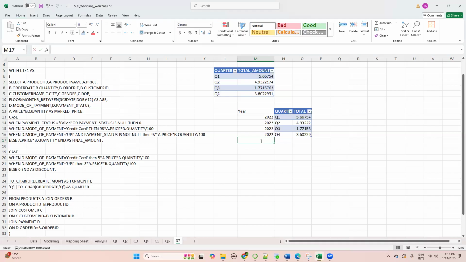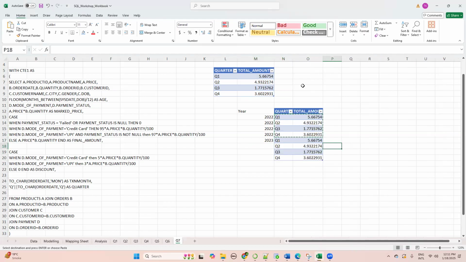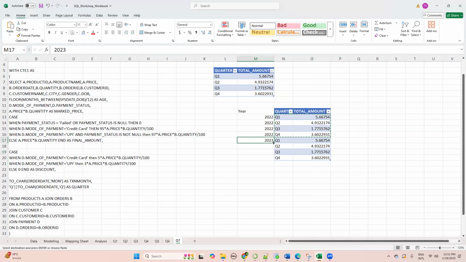Then you can create similar data for 2023. Similar data means obviously the total amount will change. Okay, you have to apply that much common sense. This amount will change. So now this is for 2023. This data of 2022, this data of 2023.